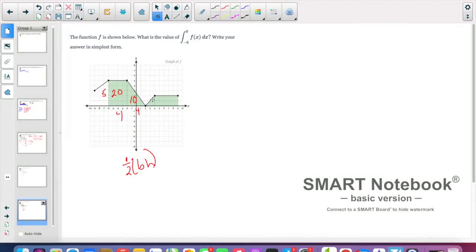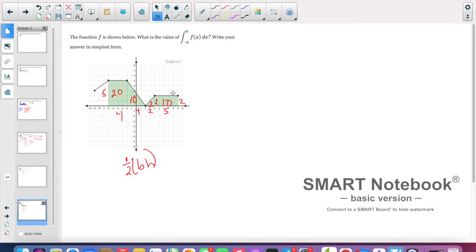Here I have a small triangle. The base of that triangle is 2. The height of that triangle is 2. The area of a triangle is 1/2 base times height. So base times height would be 4. 1/2 times 4 would be a 2. And then the area of this rectangle, the base goes from 4 to 9. So the length would be 5. The height would be 2. And 5 times 2 is 10.